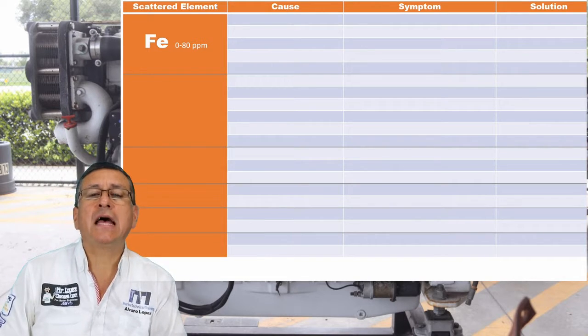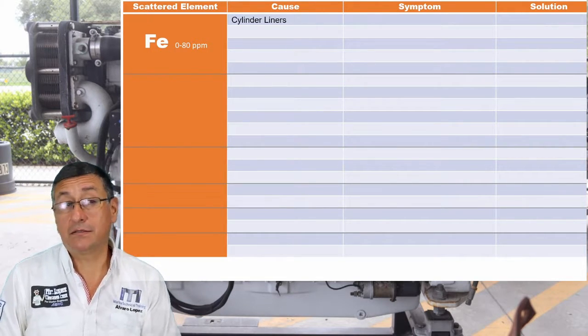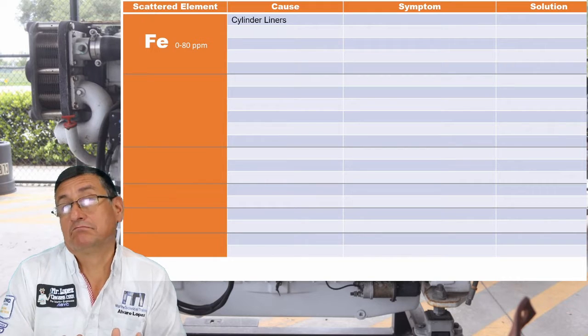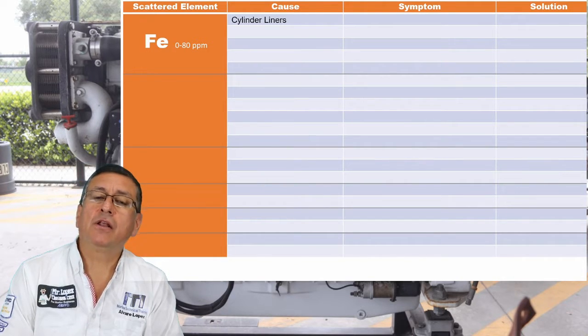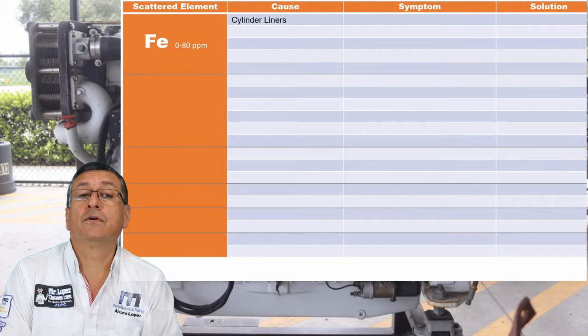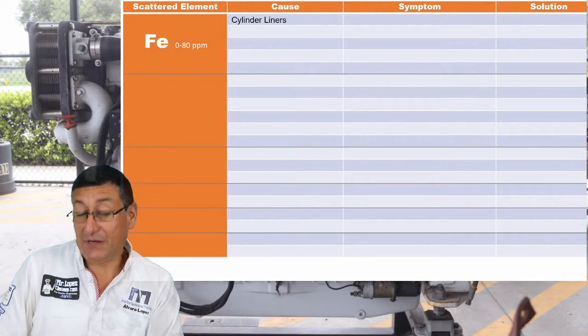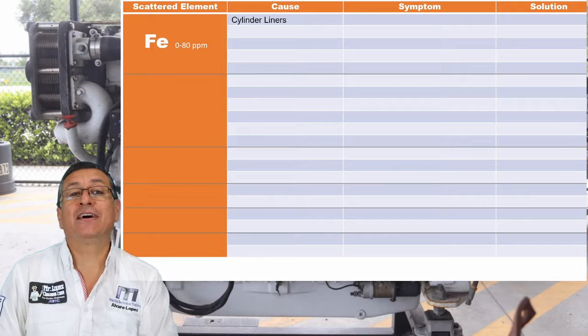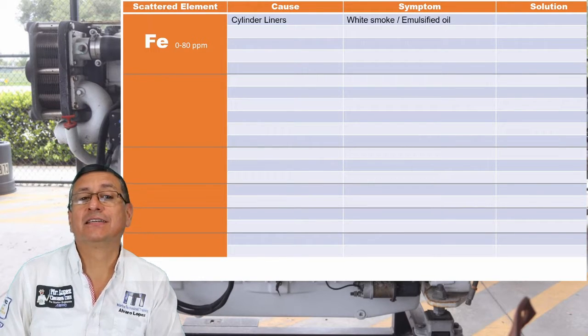Where do we normally find that iron? Yes, in cylinder liners. It's a ferrous alloy, a special steel with a high iron content. What is the symptom when I have problems on the cylinder liners?